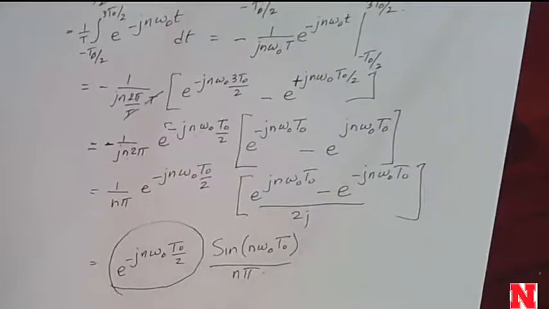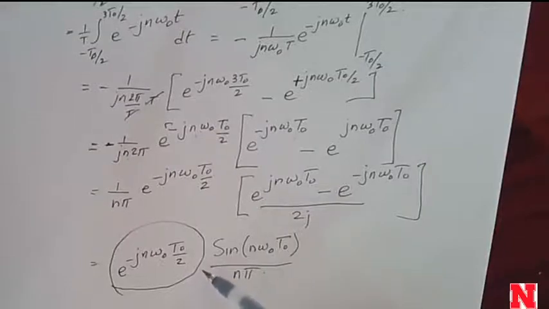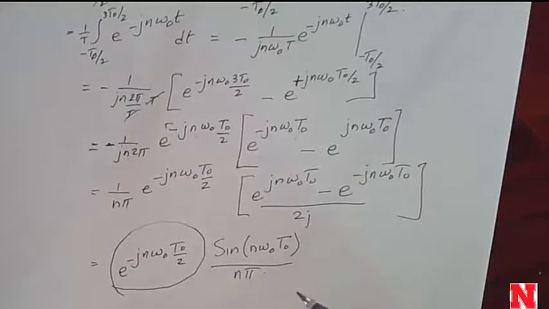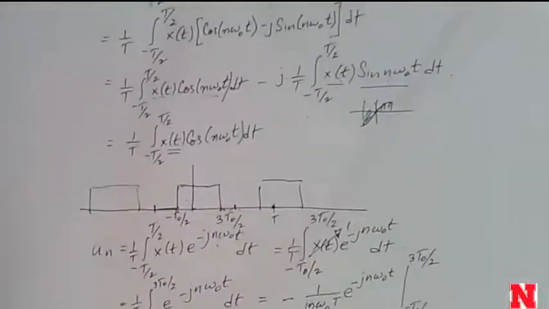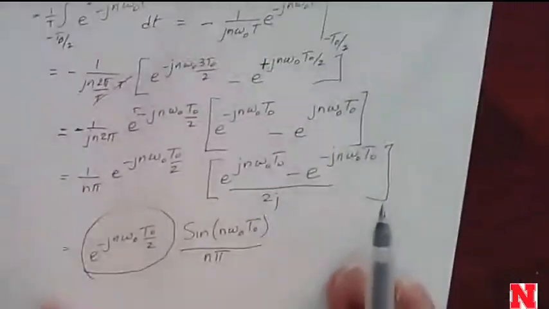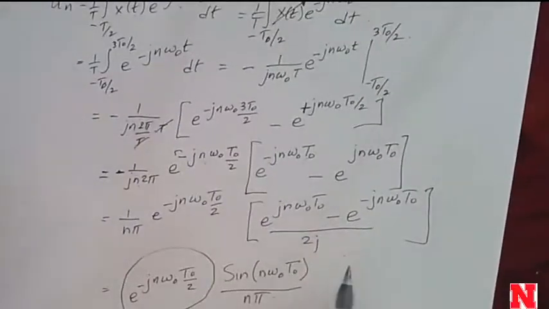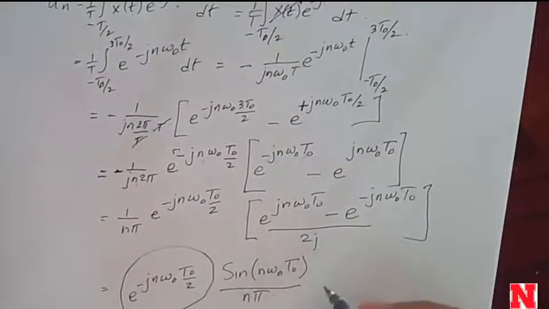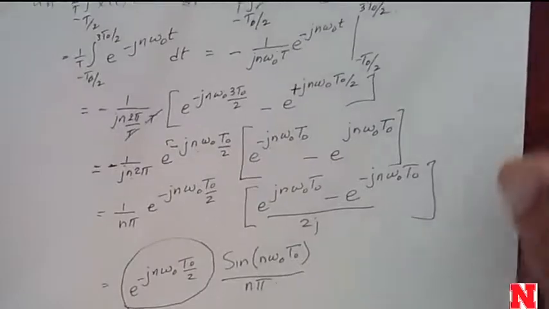Okay, and this phase term, if I went back and now tried to rewrite my exponential Fourier series in terms of a cosine, what you would get is, and I show this in the notes, what you end up with is this. Let me get a different piece of paper.